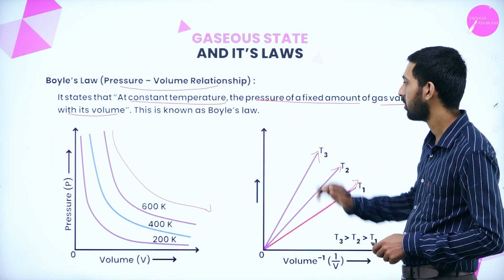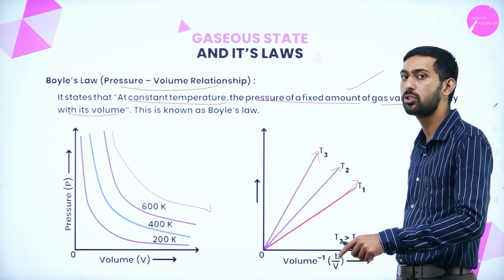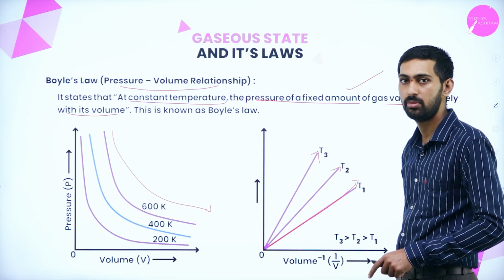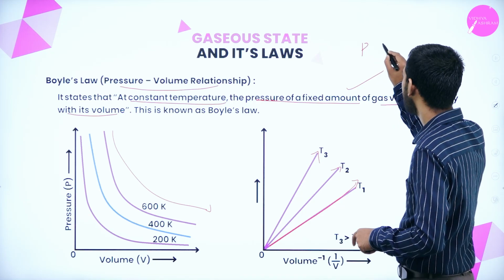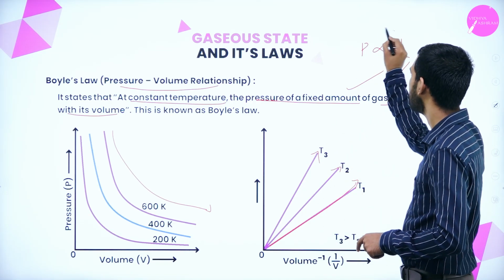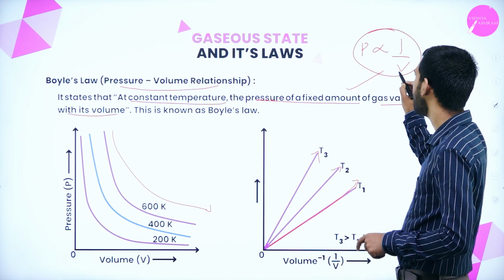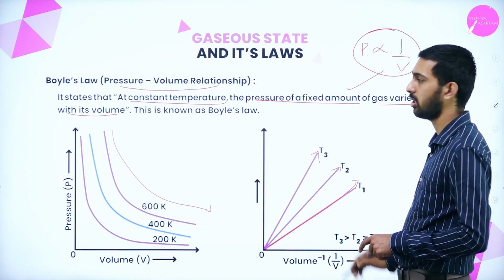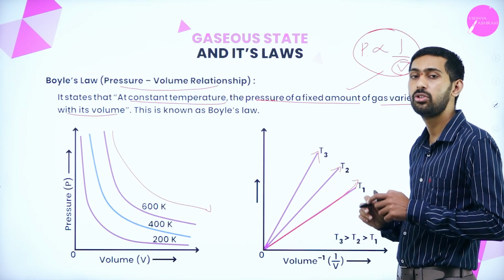At constant temperature, pressure of a fixed amount of gas is inversely proportional to its volume. So this is the relationship in Boyle's law. As volume decreases, pressure increases. Volume increases, pressure decreases. This relationship we should know.